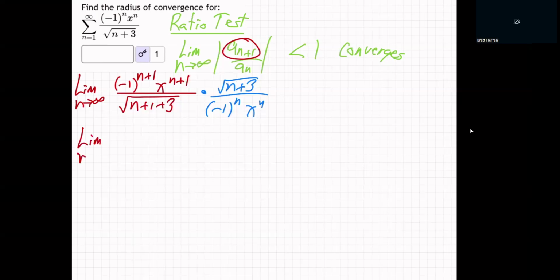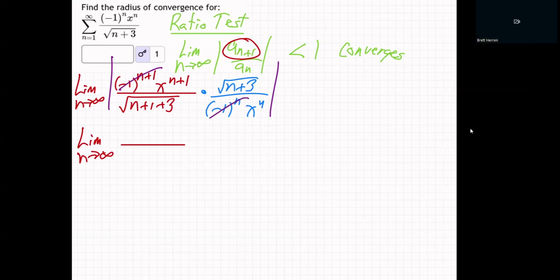So the limit as n goes to infinity. What is this going to be? I forgot the absolute value, didn't I? So the limit of the absolute value. Therefore, we don't care about these factors of minus 1, they just change the sign. We're doing the absolute value.